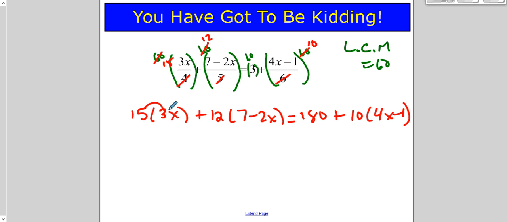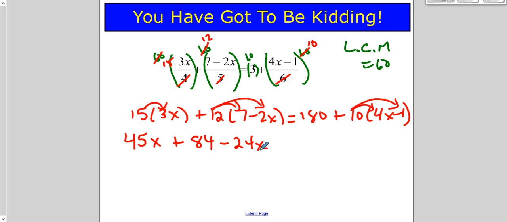All right, so we're going to start doing some multiplication here and some distributive property. Can't be helped. It's got to be done. So 15 times 3x is 45x. 12 times 7 is going to be 84. 12 times negative 2x is going to be negative 24x. 180 plus 10 times 4x is 40x. 10 times negative 1 is minus 10.